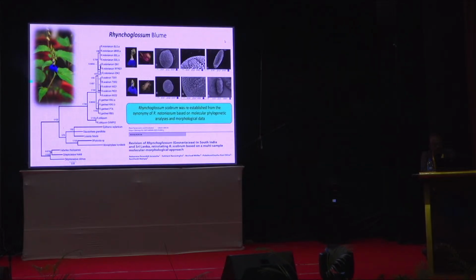So we developed an integrative approach in which the data from both Sri Lanka and South India were integrated, and we produced an integrated revision of Ringoglossum for South India as well as Sri Lanka, in which what's more interesting is that one particular species has been reinstated from synonymy.